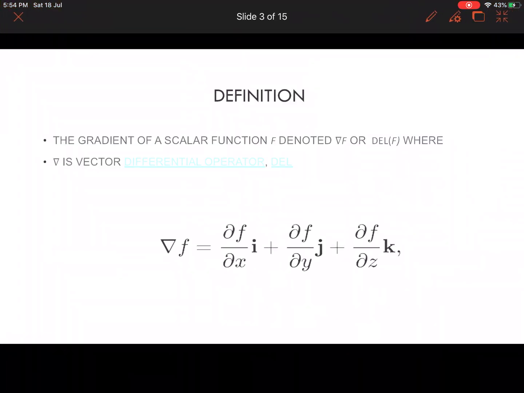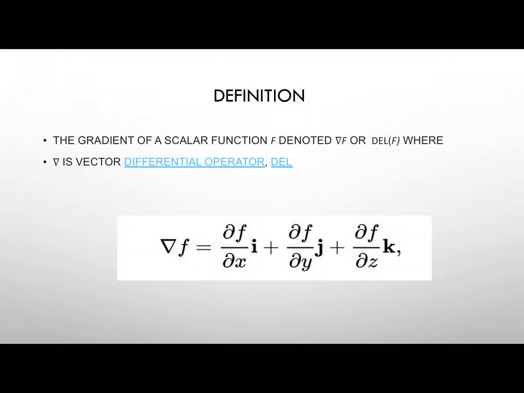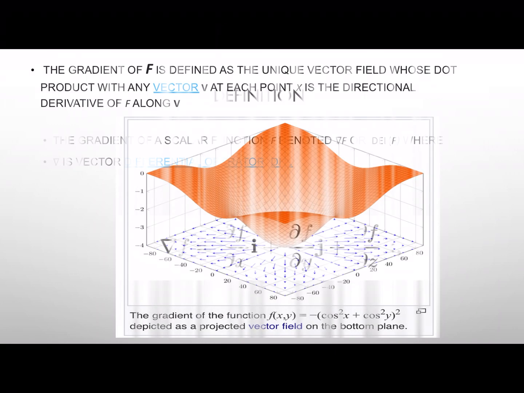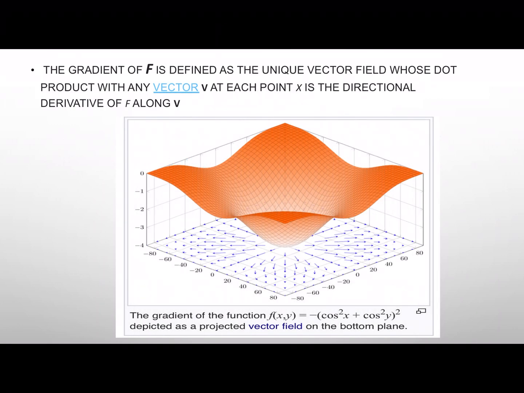Okay, so the next thing is the gradient of f is defined as the unique vector field whose dot product with any vector v bar at each point x is the directional derivative of f along v. What does it mean? Let me explain in this way.